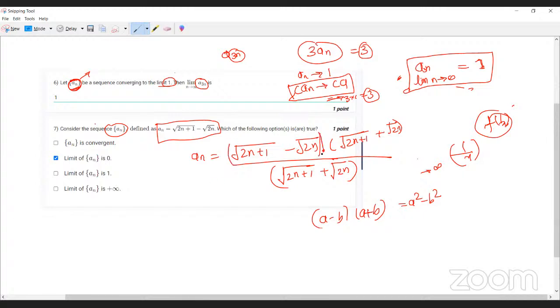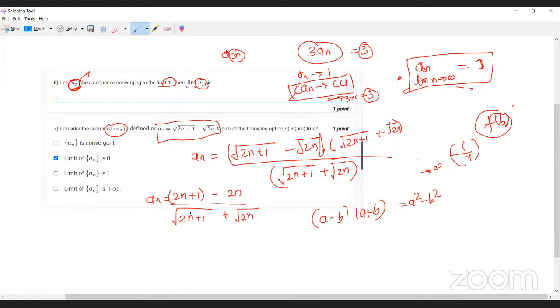In the numerator, 2n plus 1 minus 2n, because squaring the square roots removes them. At the denominator, I get the square root of 2n plus 1 plus the square root of 2n.